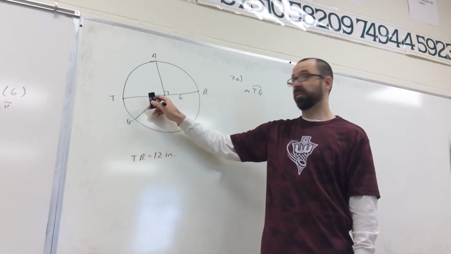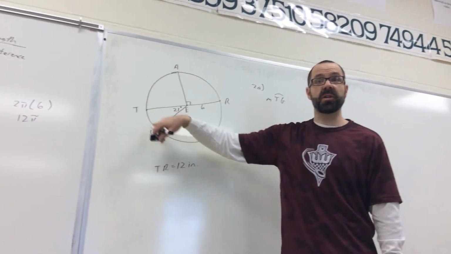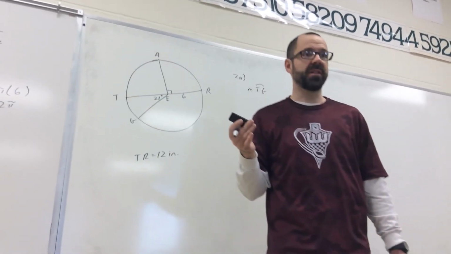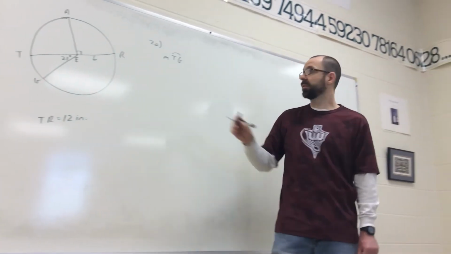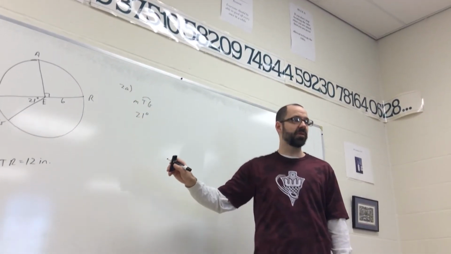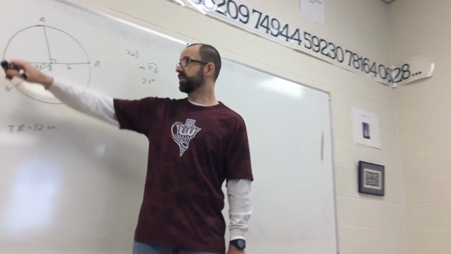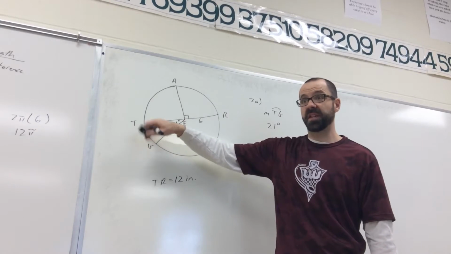What's the measure of this angle? 21 degrees. This one's 21, so TG is 21, right? Because the measure is how many degrees it is. So generally the measure is not a tough question. The measure of the arc is the same as the central angle. So since that's 21, then that means that's 21.